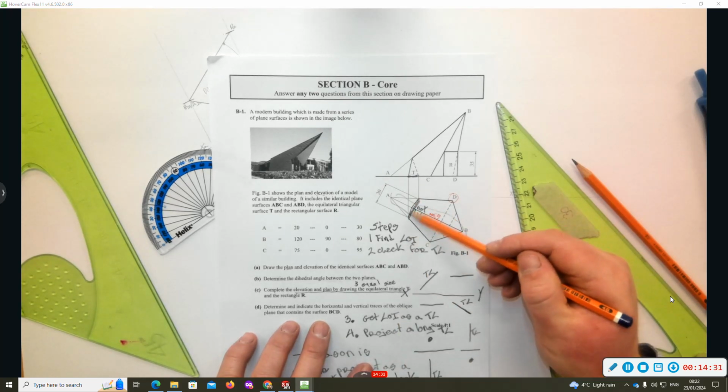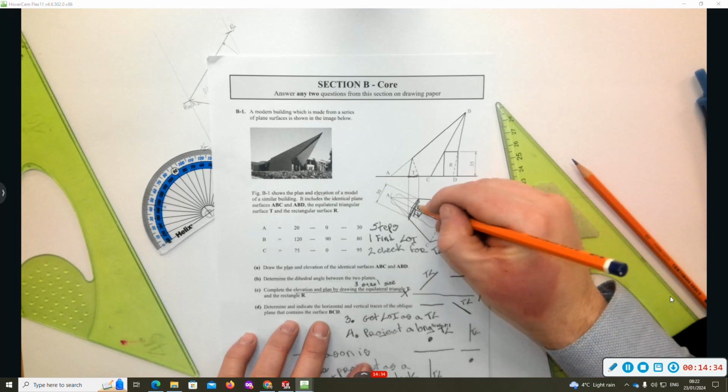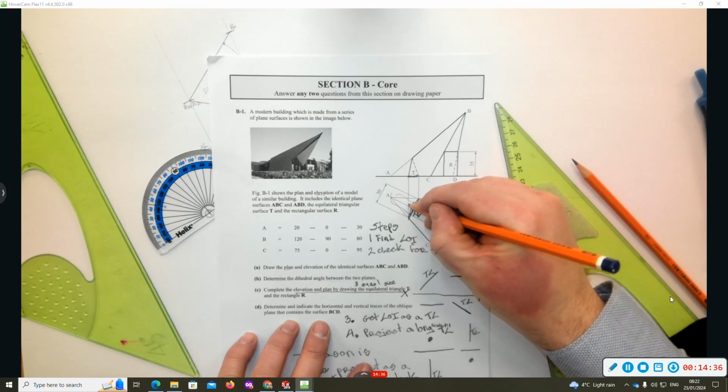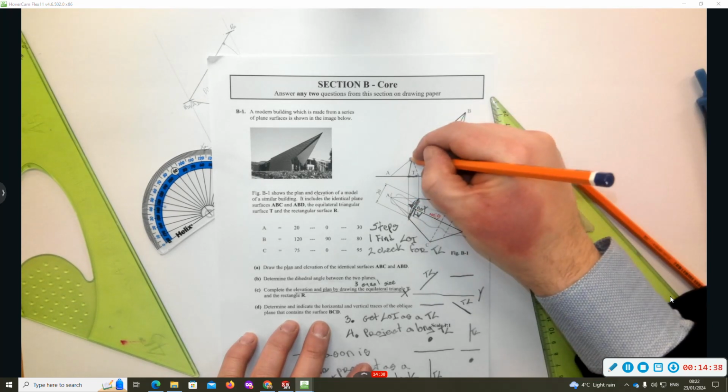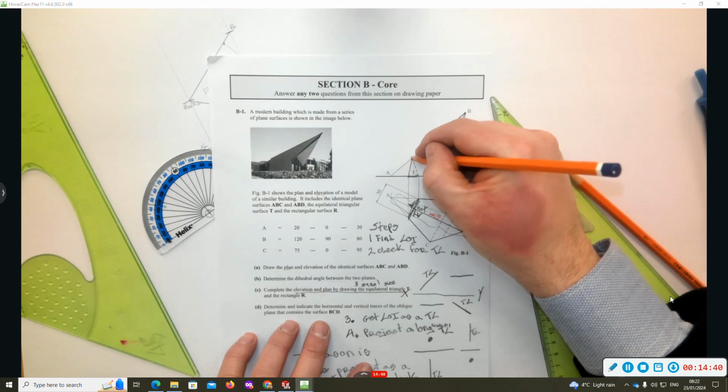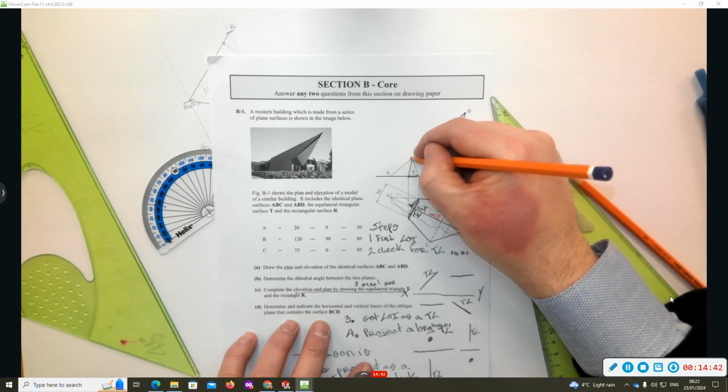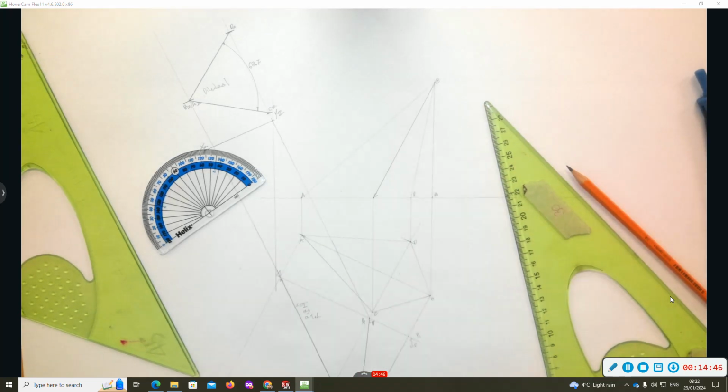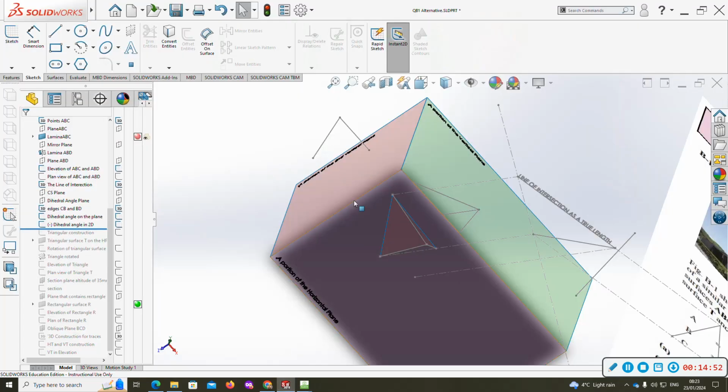So this can be used now. It's fairly safe to assume that these are perpendicular. And look, the apex touches line AB. So here's how I'd approach this question. My auxiliary is very useful to it.